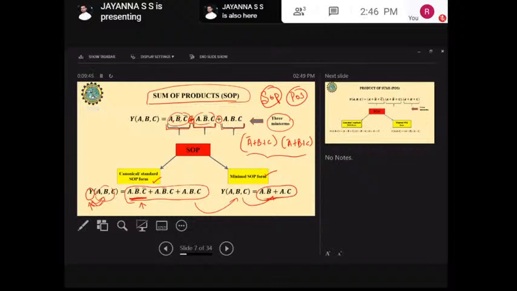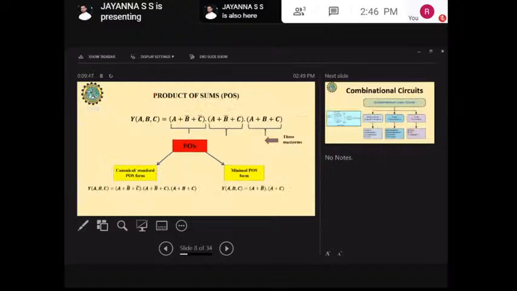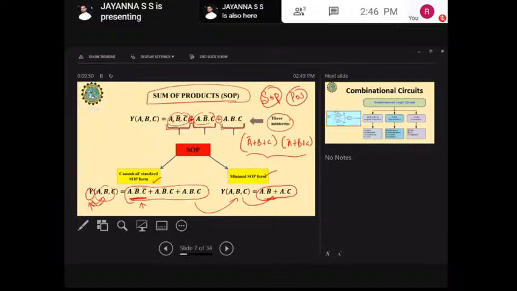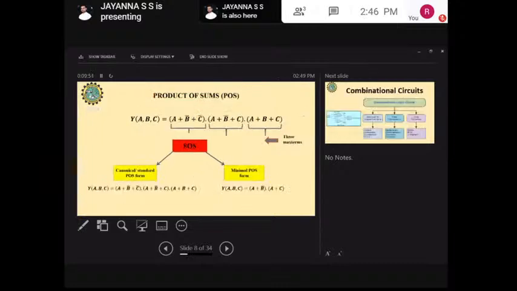Similar to this one, we have product of sums, as I told in the min terms. It is similar to SOP. It will be a product of sums, where it comprises a product of sums.